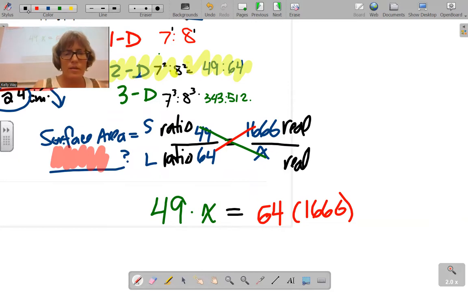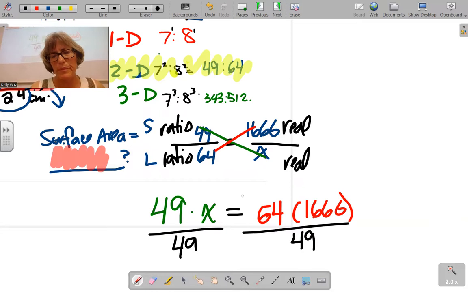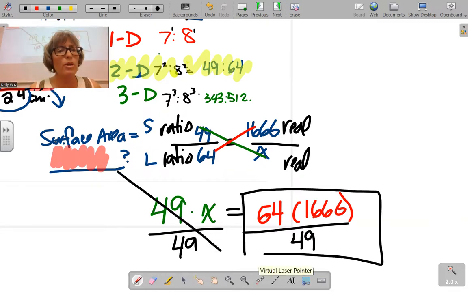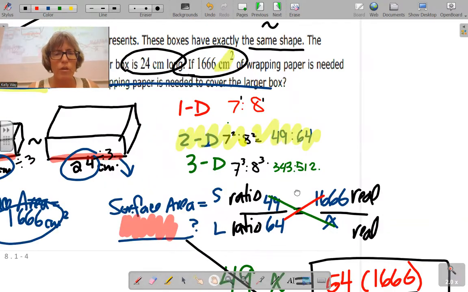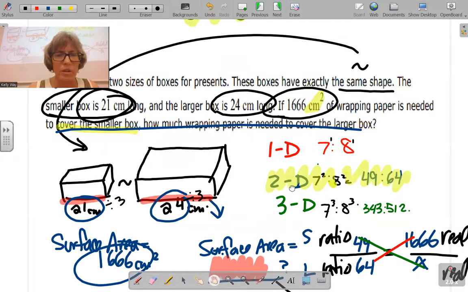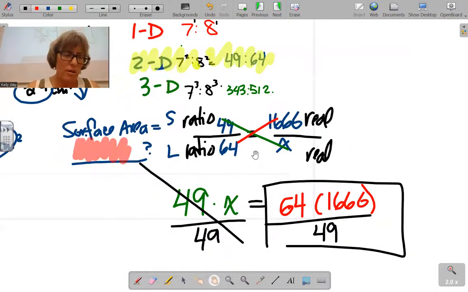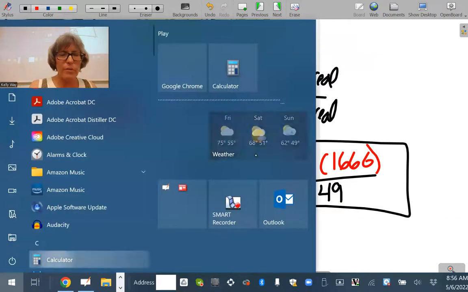And we're dividing by 49. Yes, at this point you can grab a calculator. Let's take a look here.